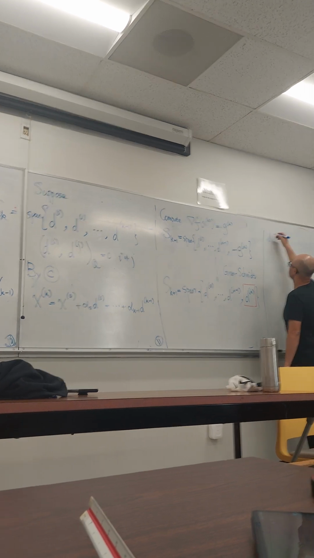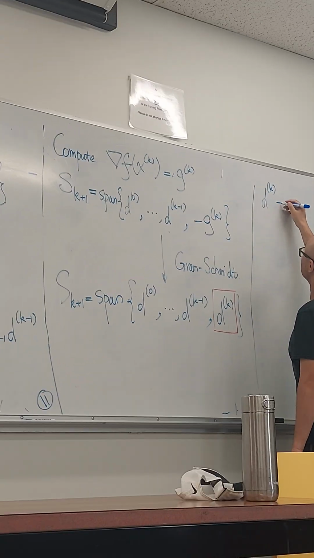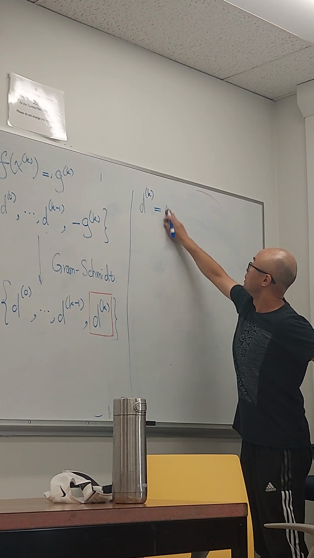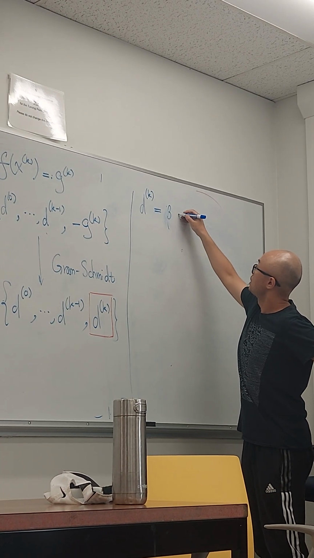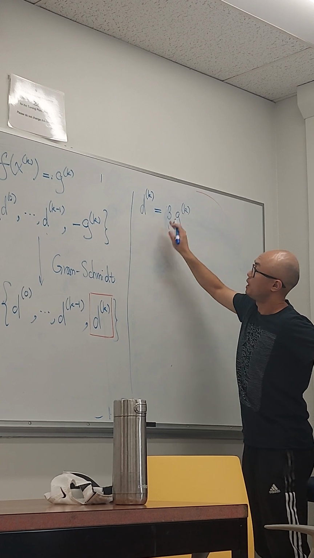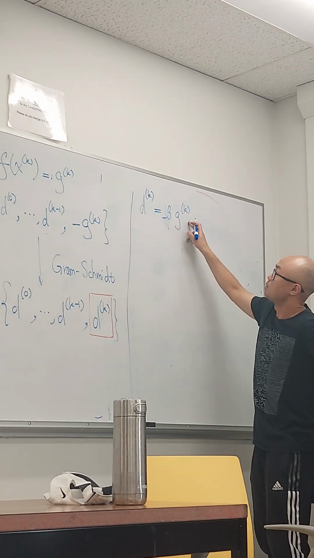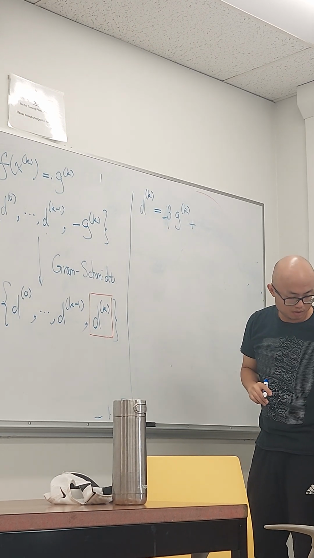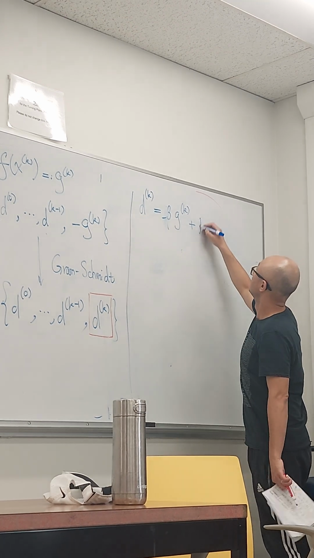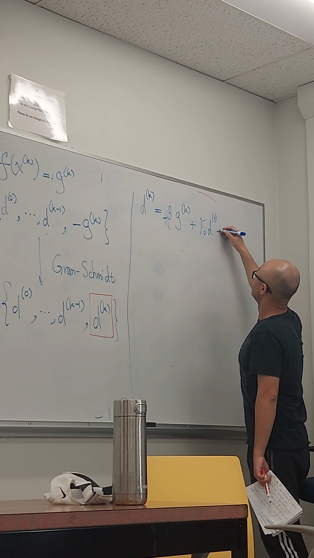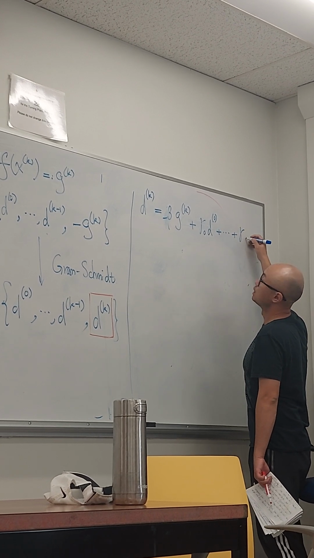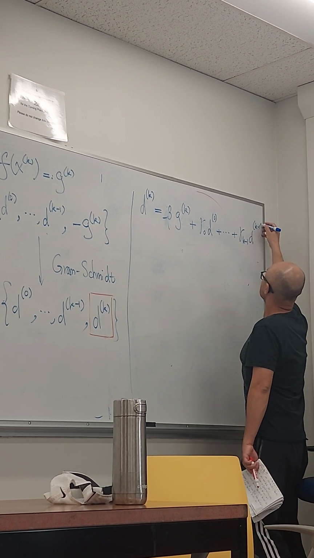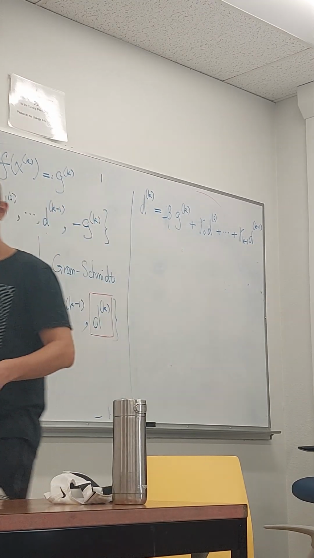What we can do is simply write the k plus 1 vector equals beta times the negative gradient, so we have minus beta times g^k, plus gamma 0 d0 plus dot dot dot gamma k d^k.